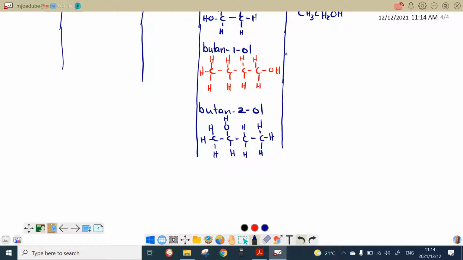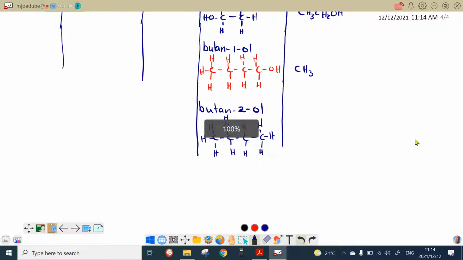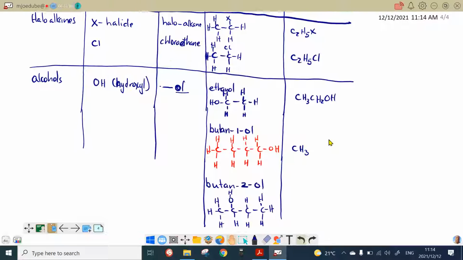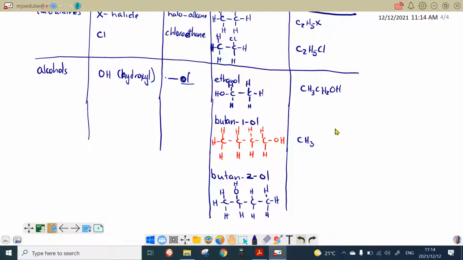So there you are. And then in this case, again, you would write your condensed formula as CH3. Oh yeah, here I represented the condensed formula, whereas I want the molecular formula. So sorry, this is the condensed formula.